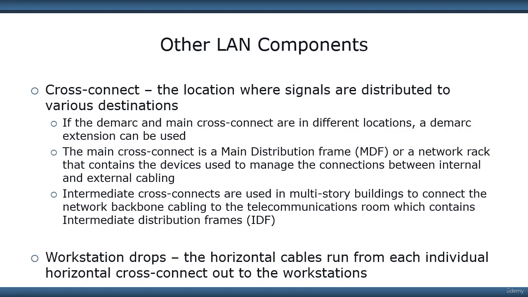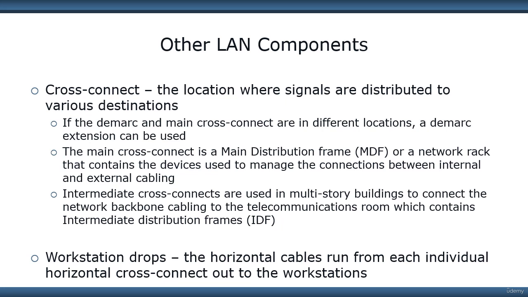Let's talk about some of the other LAN components. This is just recognizing terms. These terms don't typically get used unless we're wiring buildings, but sometimes it can be helpful to know. Cross connect is just a location where signals are distributed to various destinations. If the DMARC and the main cross connect are different locations, a DMARC extension can be used, but usually the main cross connect is connected directly and in the same location as the demarcation point.